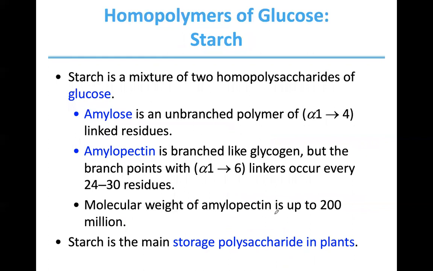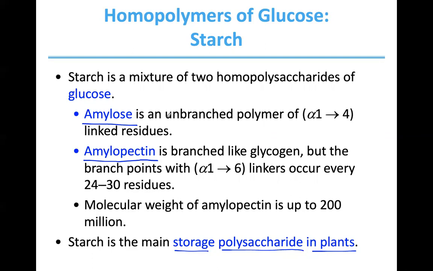Now a similar one, similar idea. Plants came up with their own polysaccharide to store glucose. And so in plants, this is again a mixture of actually 2 homopolysaccharides of glucose. One is known as amylose, and one is amylopectin.